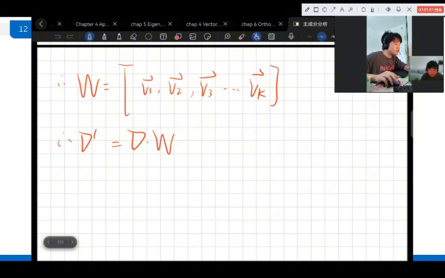So we successfully finished the operation to reduce the dimensionality.